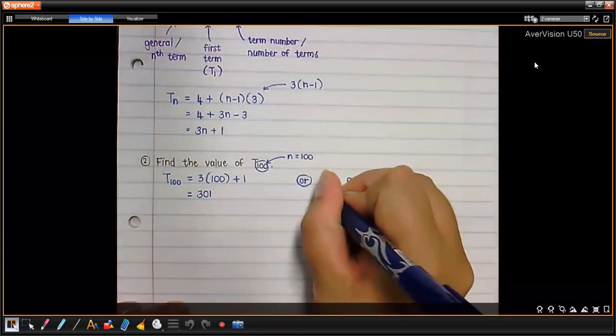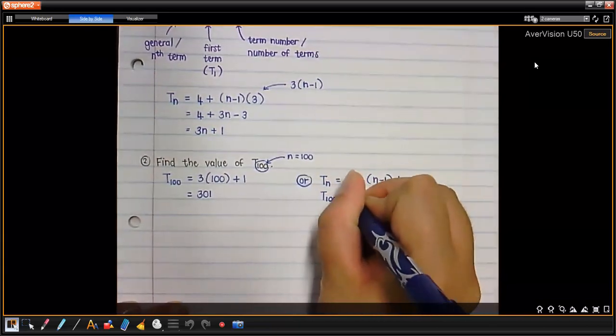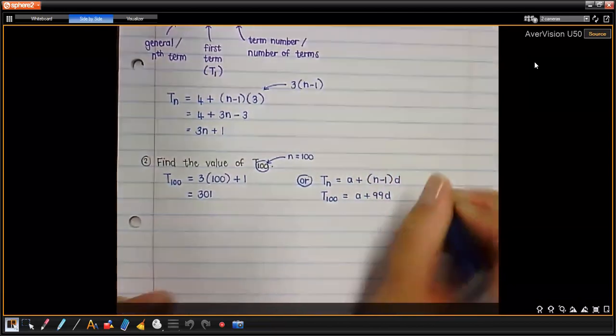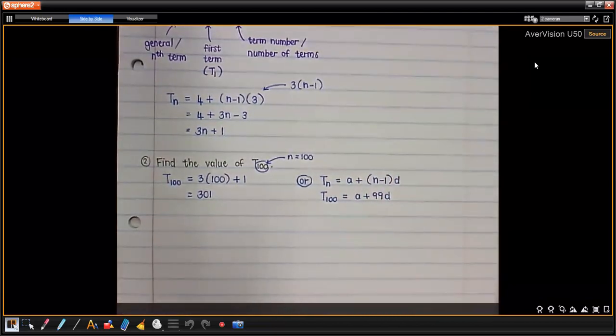If they're now asking for term 100, can't I write it like this, with a backward version? Term n is a plus n minus 1 times d.